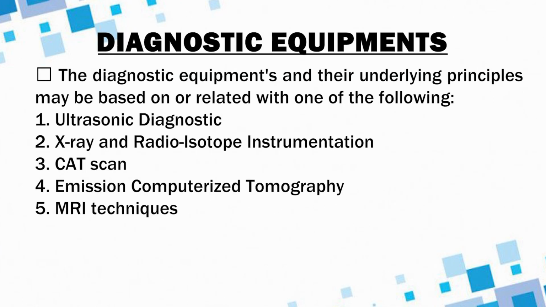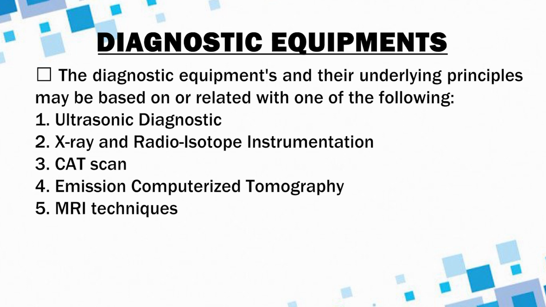The diagnostic equipments and their underlying principles may be based on or related with one of the following. First, ultrasonic diagnostic based on ultrasound. Second, X-ray and radioisotope instrumentation based on X-ray radiograph.